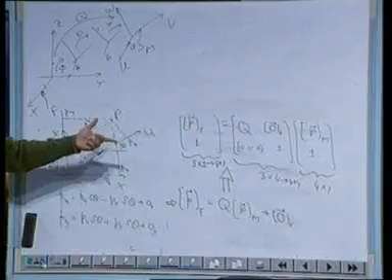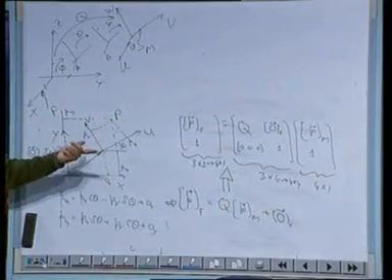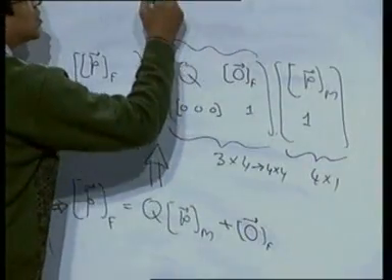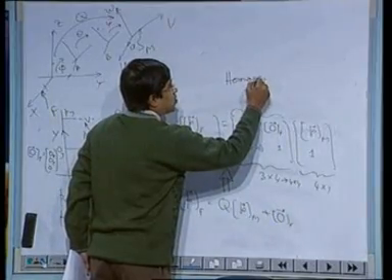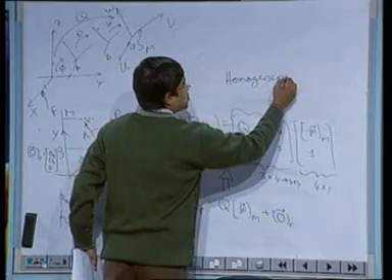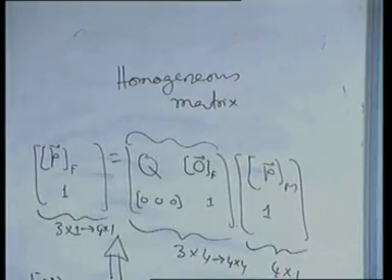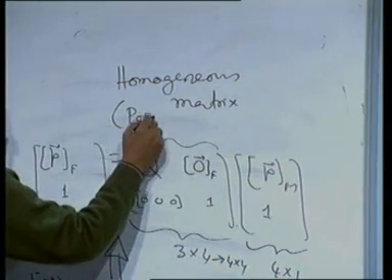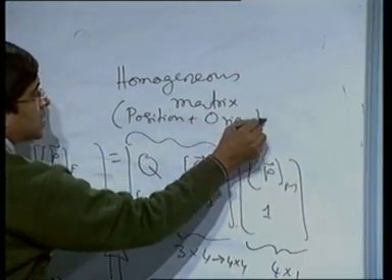So, in a computer, when it is a vector array it is 4-dimensional, and when it is a matrix array it is 4 by 4. This kind of matrix is called a homogeneous matrix, which takes into account both position plus orientation.